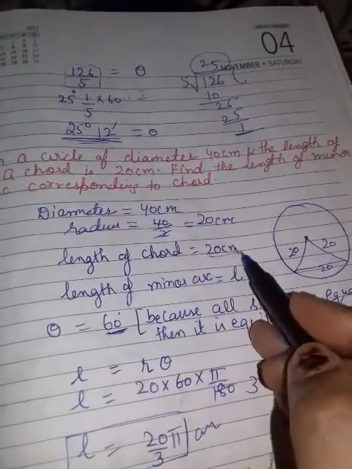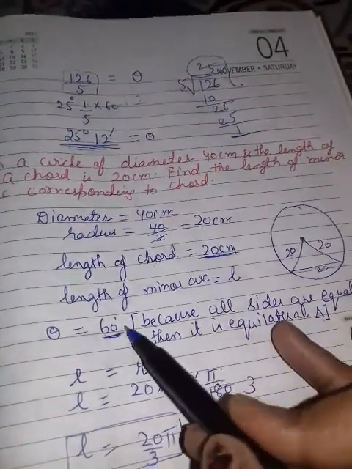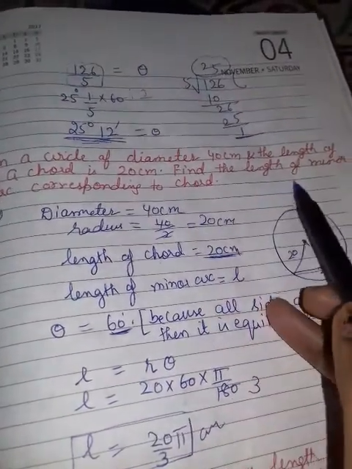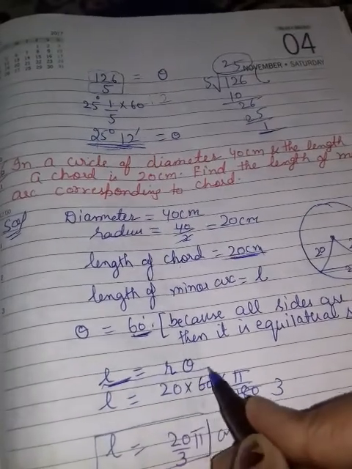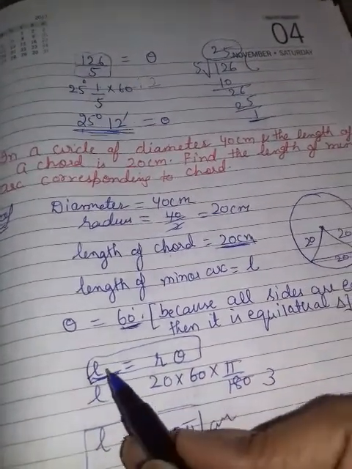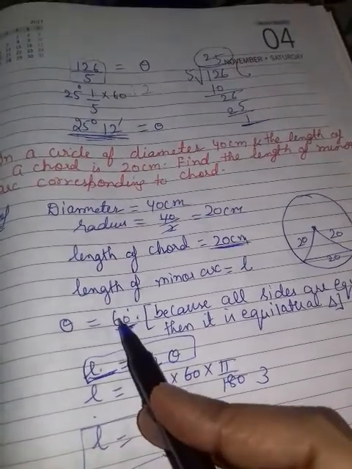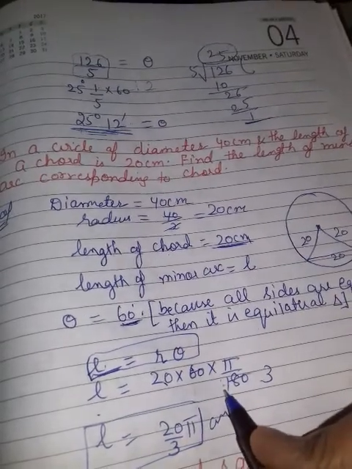And now length of chord is given, but from this we find the theta. Clear? Because you have to find the length of minor arc. L means arc. L is equal to r theta. Then L will keep it same. R is given to you. Theta is 60 degrees here, but you have to put it here in the form of radian.